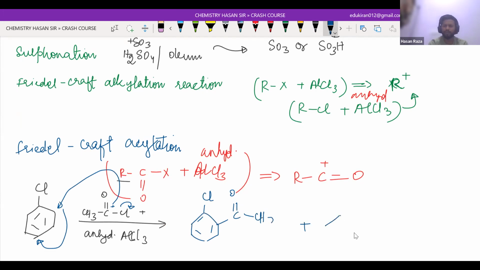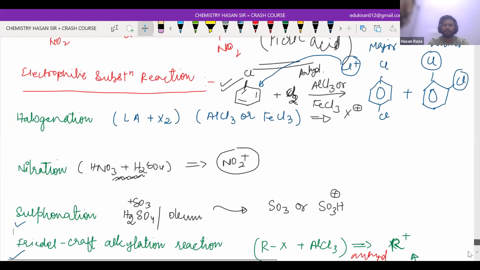Friedel-Crafts acylation takes place, and then C double bond O and then CH3. It's very easy. Isn't it easy? Can't you do the rest? Alkylation, sulfonation, and nitration, you can do that. Yes, sir. Can I change the slide? Yes, sir. Okay.